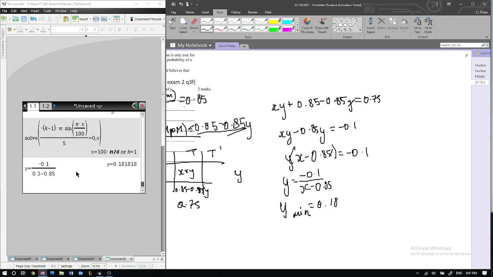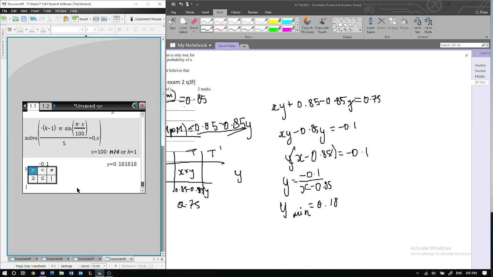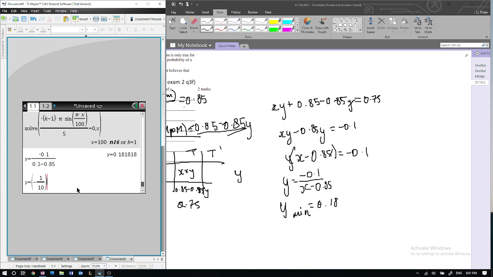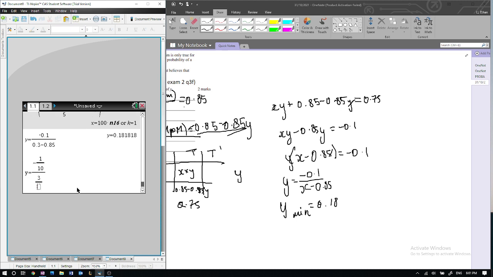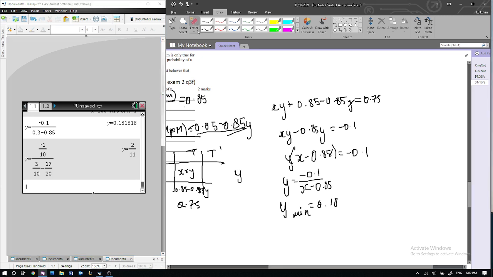Okay, so I need to convert to exact values because he didn't do it in decimal. So y is equal to negative 1 on 10 divided by 3 on 10 minus 17 on 20. Okay, so there's one. y min is equal to 2 over 11.